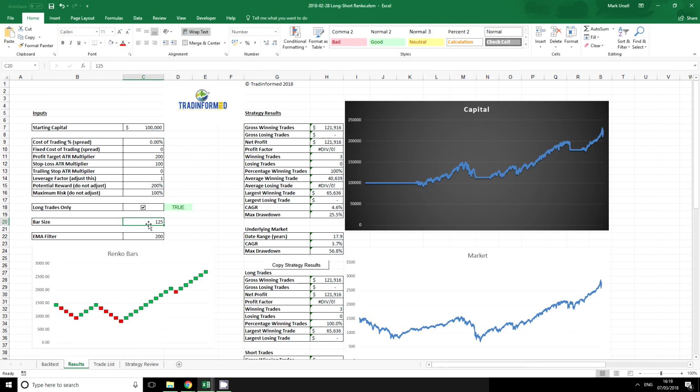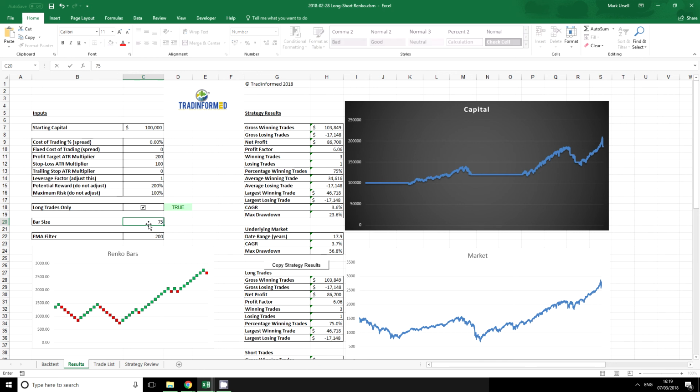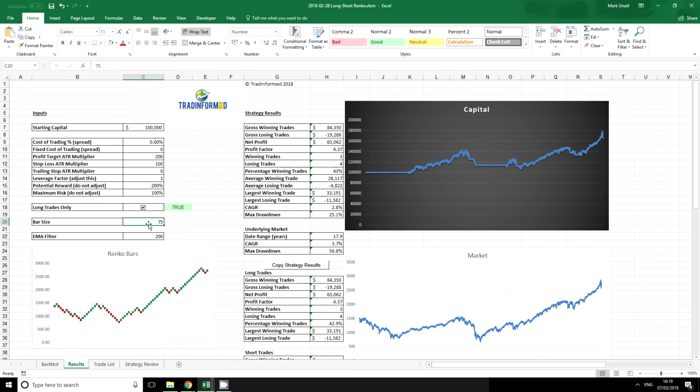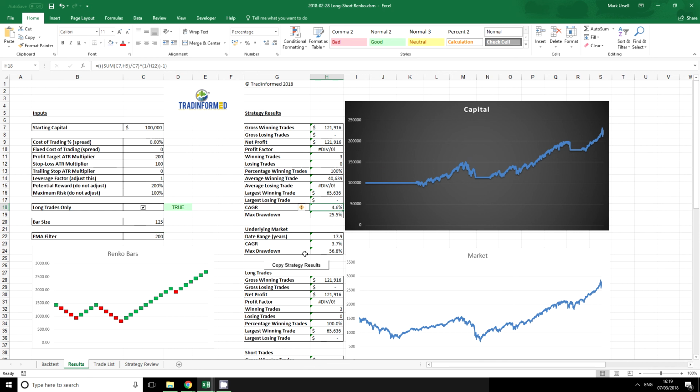So we can try different bar sizes, different filters, and we can see how it affects our strategy. And we can see here we can get a compound annual growth rate of 4.6%, not quite as high as before, but with a lower maximum drawdown.